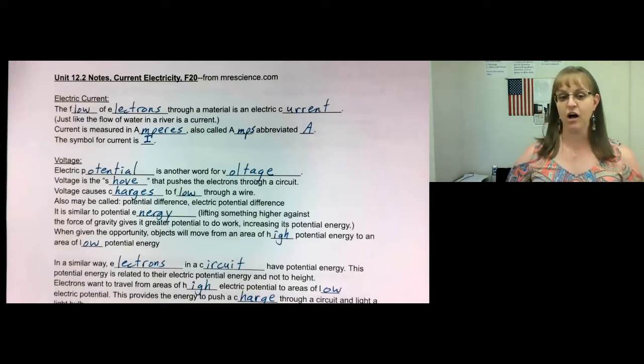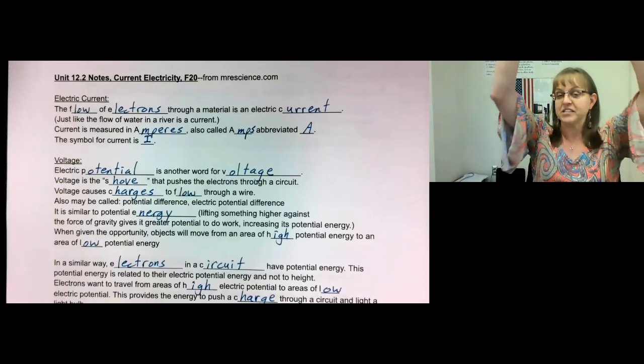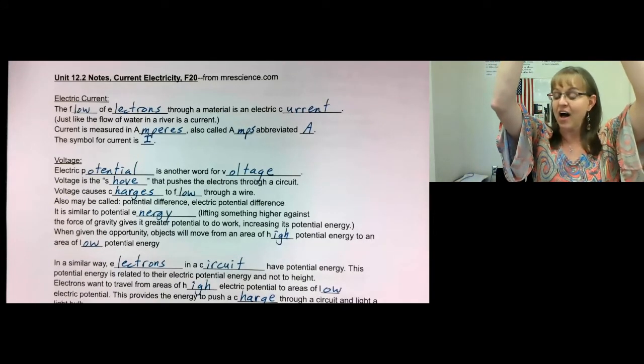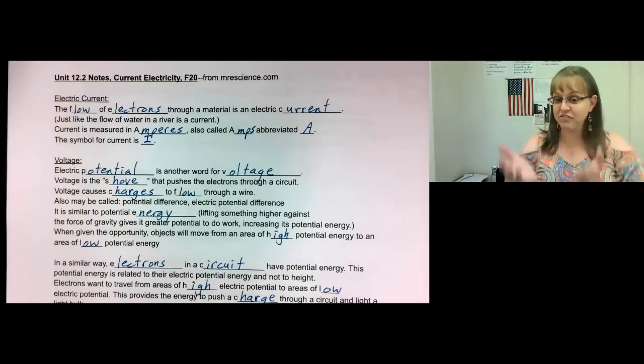Voltage can also be called potential difference, electric potential difference. Notice they all have the word potential. Voltage is similar to potential energy. Potential energy means that when you lift something higher against the force of gravity, you have the potential to do work. You have higher potential energy because it could fall.